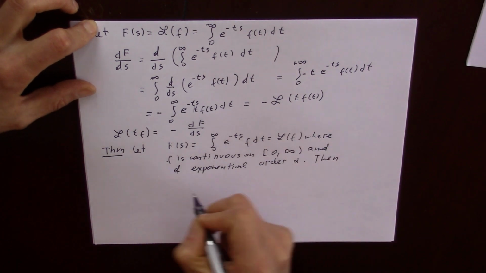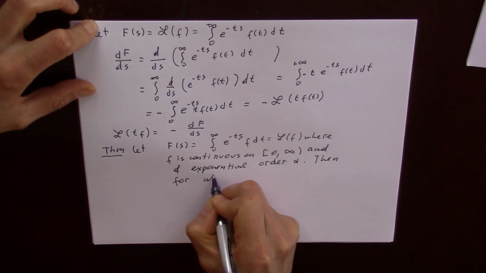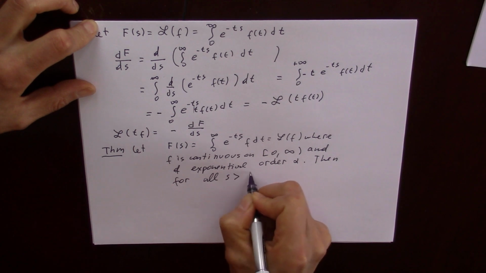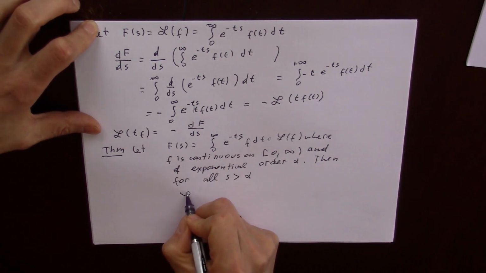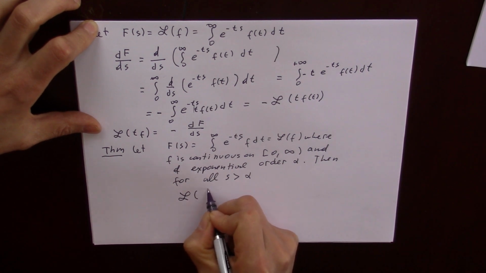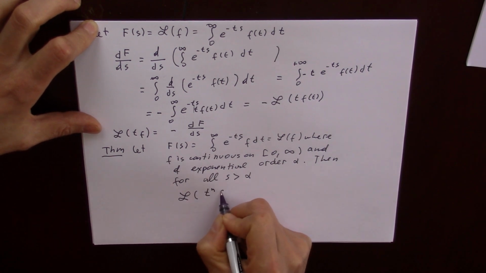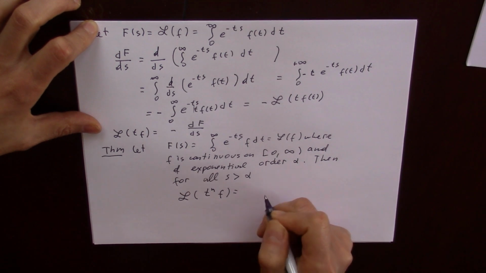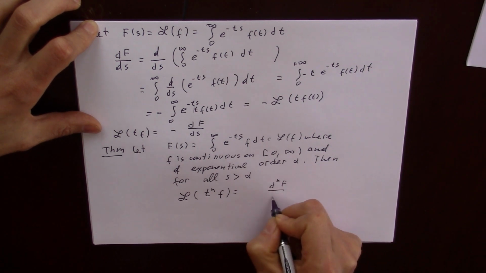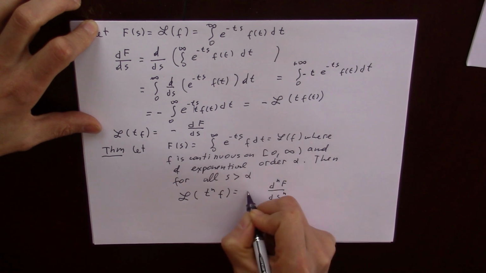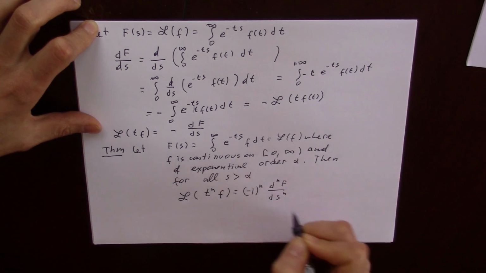Then for all s bigger than alpha, if we want to find Laplace transform of t to the n times function f, that equals the nth derivative of F with respect to s multiplied by negative 1 to the n.